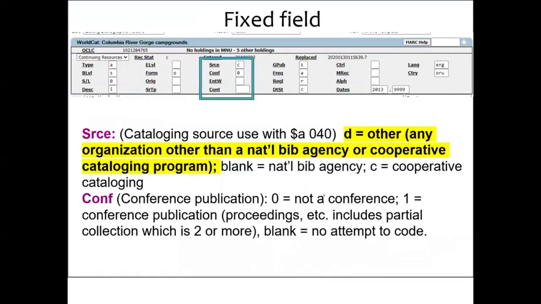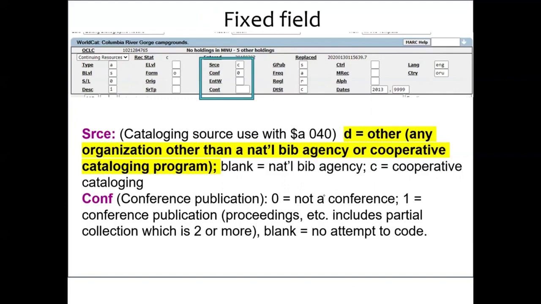So moving over to our source, and remember we talked about source in the 040, and we'll look at some records where you can actually see that. This corresponds to what kind of organization or institution created this record in OCLC. And D is any of us that's not part of a national bibliographic or cooperative cataloging program.